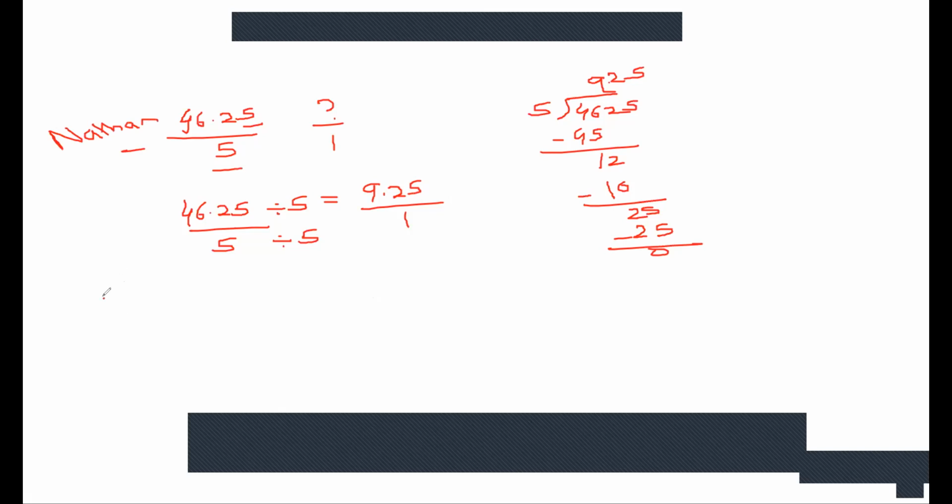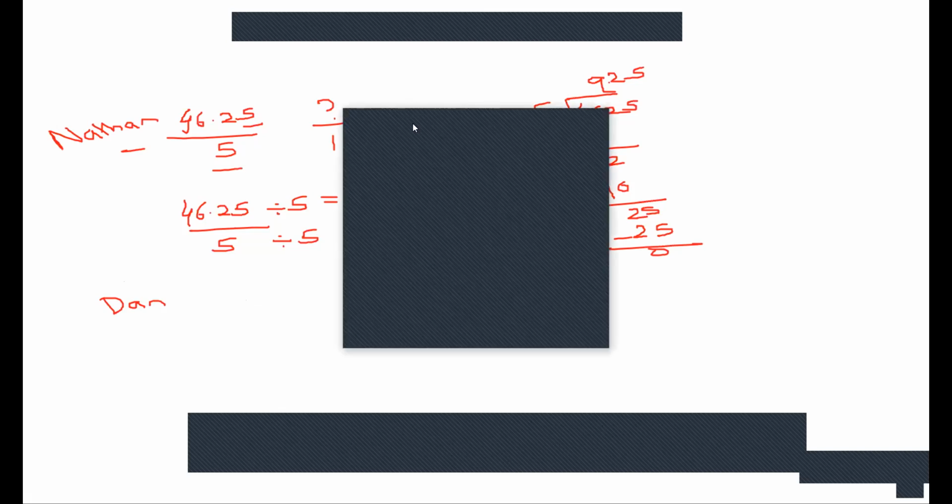Now coming to the next one, Dan. How much did he get as his salary? Tell me. Only Judy is there in the class. Where are the other girls? Dana, Miral, Noor, tell me, how much did Dan get? Salary? 78.